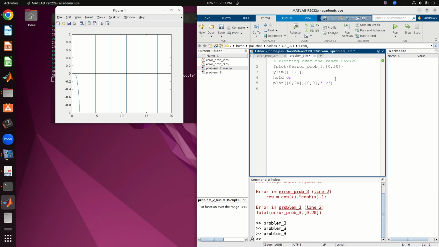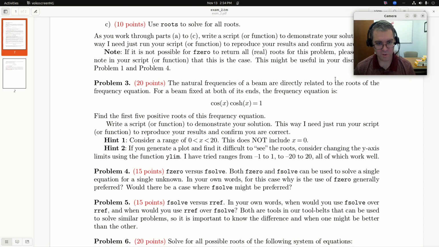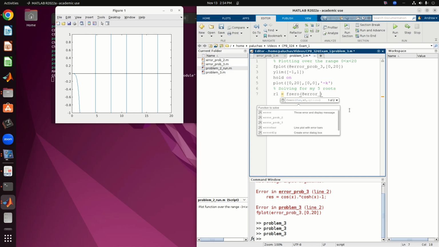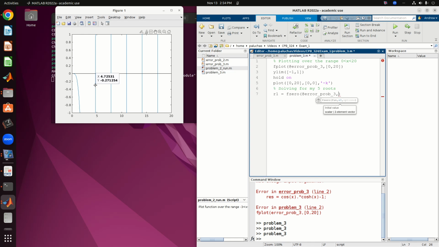Now I'm going to solve for my 5 roots. That's what we're asked to do: solve for the first 5 positive roots. I'll call it root 1, which is going to be fzero at err_prob3, and then I give it a range, or even in this case an initial guess should probably be fine, because here it looks like it's going to happen about 4.7.